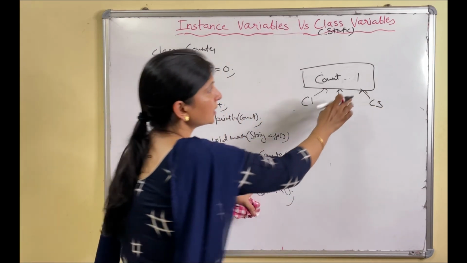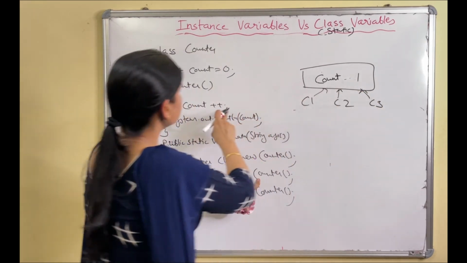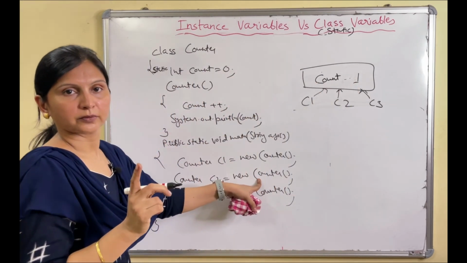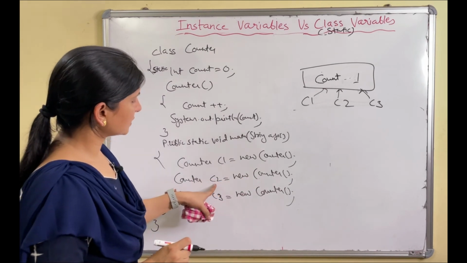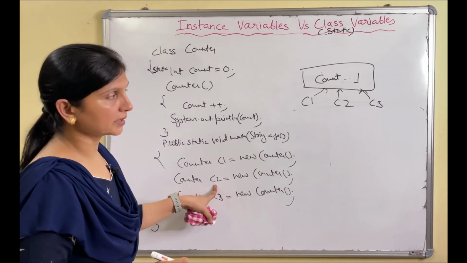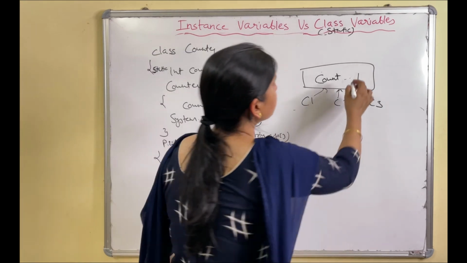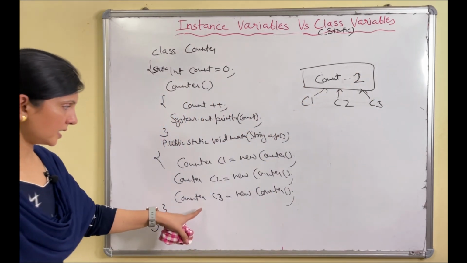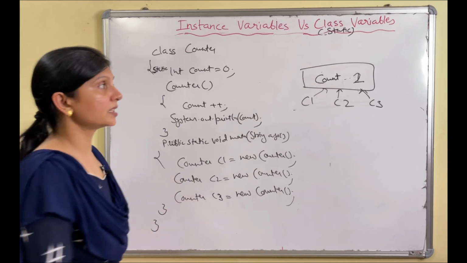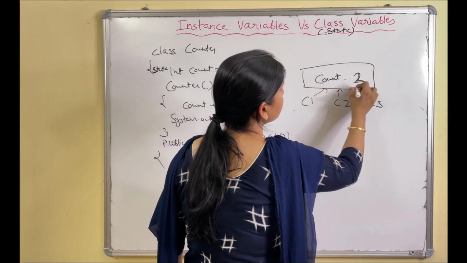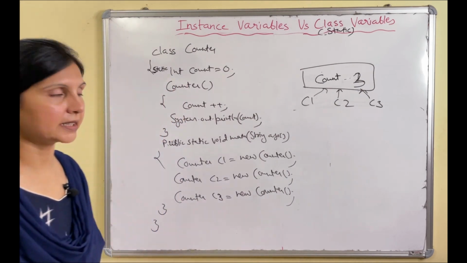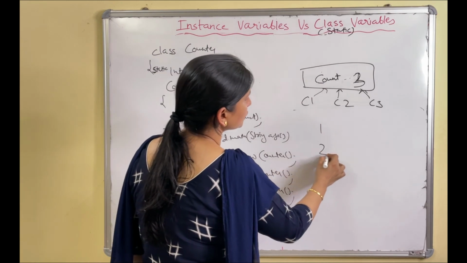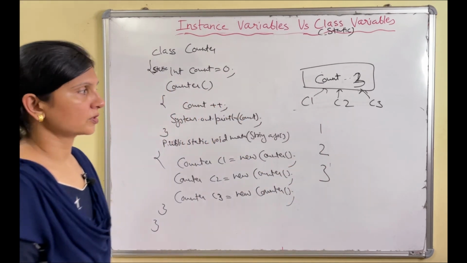So now the increment is again of 1, but the initial value is 1, not 0. So as we create the object C2 here, count will become 2. Same way as we create the object C3, count will become 3. So the output will be 1, 2, 3. So this is the output.